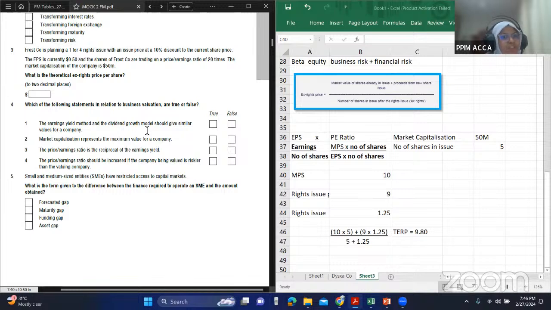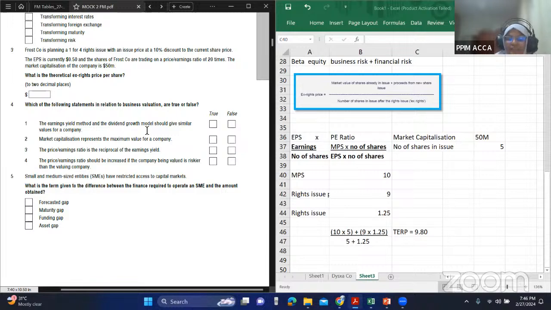The PE ratio should be increased if the company being valued is riskier than the valuing company. Now this PE ratio, it's a very common ratio that they calculate at the stock exchange. Now, if the PE ratio is high, then usually we consider that business to be good. It's a good business. But if the PE ratio is low, then we consider that business to not do so well.